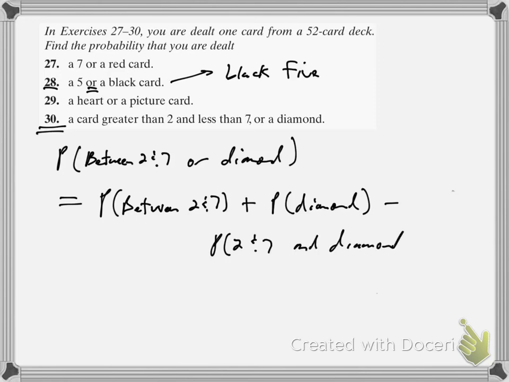So we've got to figure out how many cards are there between 2 and 7 that are diamonds. Well, let's look at this. The probability of cards between 2 and 7.